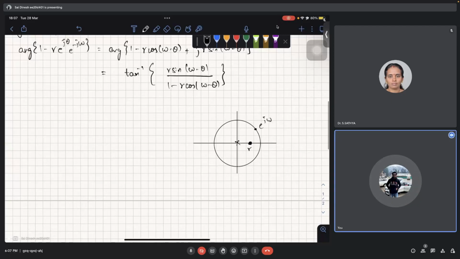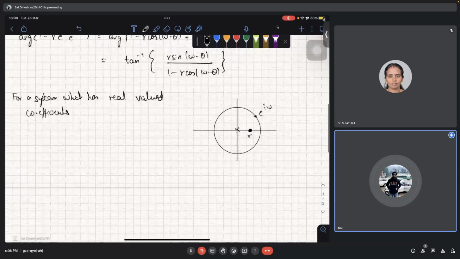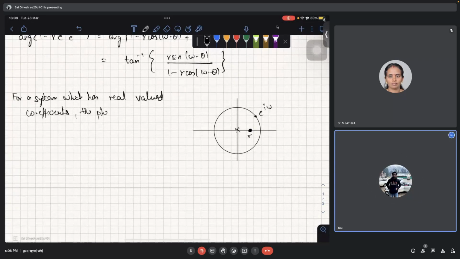For a system which has real valued coefficients, the phase response will be odd symmetric.